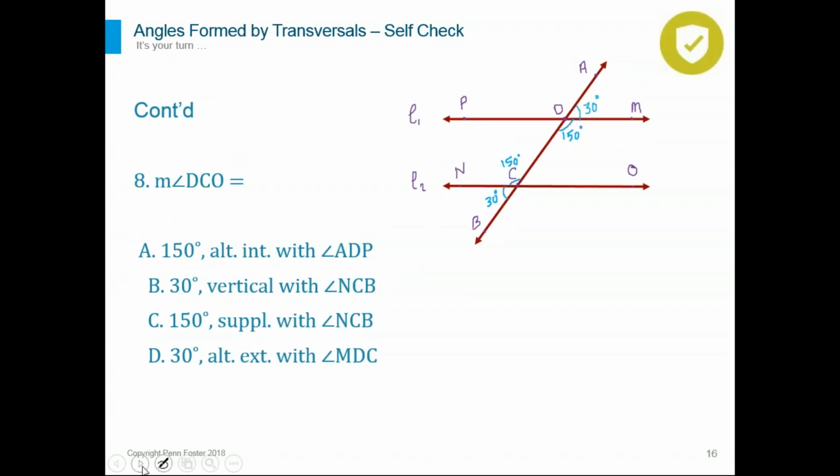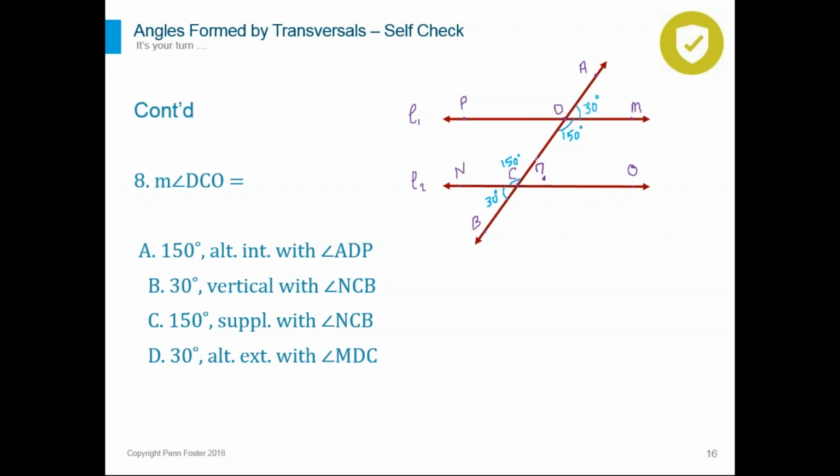Okay, the last question on that figure, the measure of DCO. DCO is what? Is it 150 degrees? If you look at the figure here, leave the reason aside, but what is the measure of this angle?